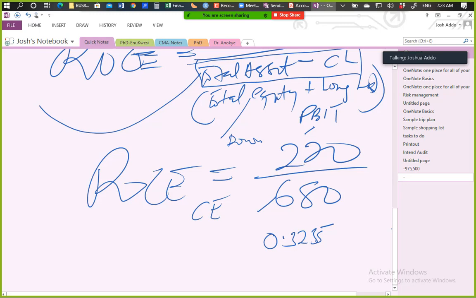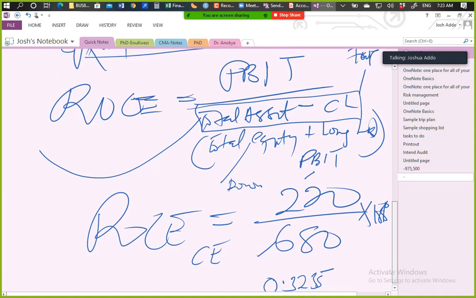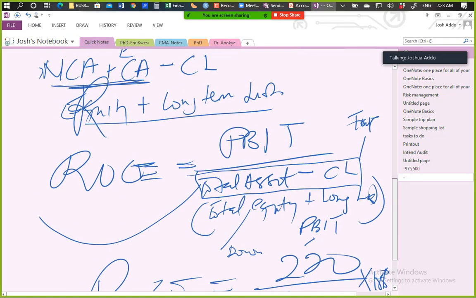So we usually convert these things to percentage. I forgot to tell you, in that case you have to complete the formula by adding times 100%. So the complete formula will be ROCE is equal to profit before interest and tax divided by capital employed times 100%.